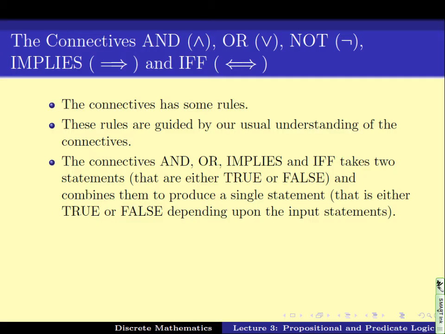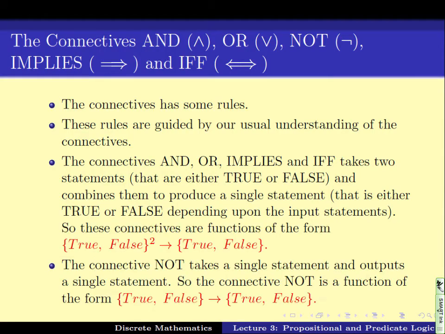Now, the connectives and, or, implies, and if and only if take two statements, each of which is either true or false, and combine them to produce a single statement that is either true or false depending on the input statements.